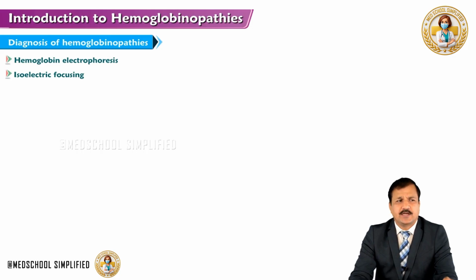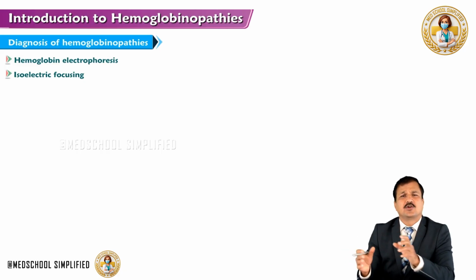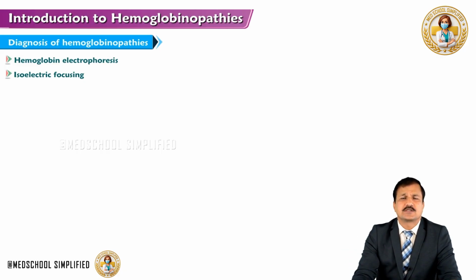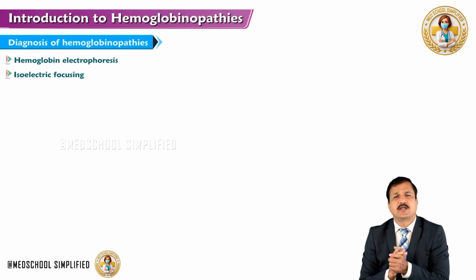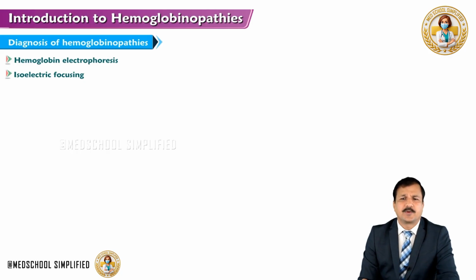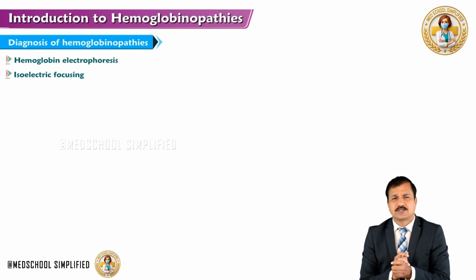Coming to the quantitative, thalassemia syndromes are attributable to an inadequate supply of one of the hemoglobin chains, leading to abnormal accumulation of the other globin chain, which is unpaired, and that unpaired globin chain will lead to inclusion bodies, and that will lead to premature destruction of erythroblasts and red blood cells, and that's how thalassemia syndromes manifest.